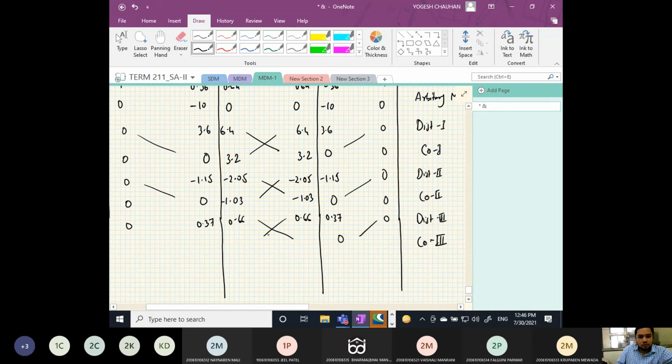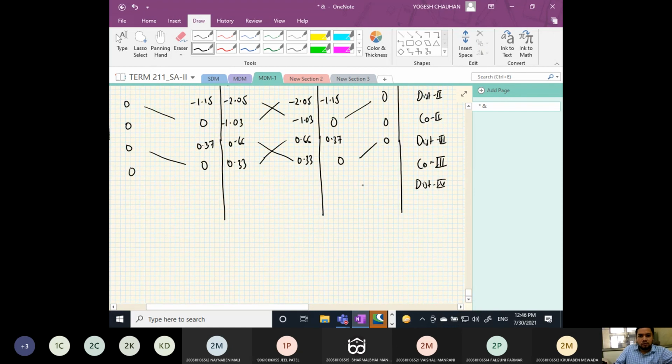This will be carried over for this, half of this, 0.33, 0.33, 0, 0. Okay, then distribution 4. 0.33 means minus 0.11 here, minus 0.22 here, minus 0.22, minus 0.11, 0, 0. Then carry over 4.